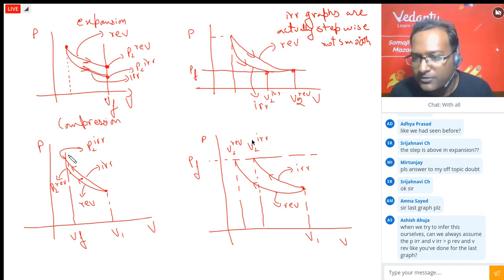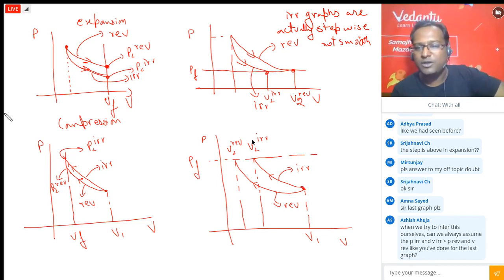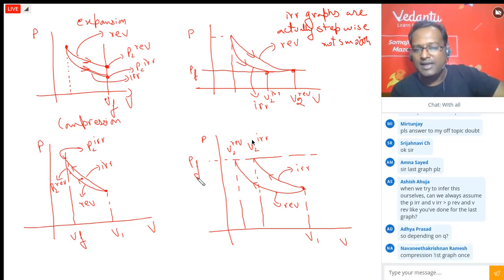When we try to infer this ourselves, can we always assume the P and V relationship? No, not really. You land up in trouble. I knew the answer, that is why I was able to conclude. Otherwise, you land up in trouble. In the last graph, whether V2 irreversible will be the lower one or V2 reversible will be the lower one, I decided based on temperature.